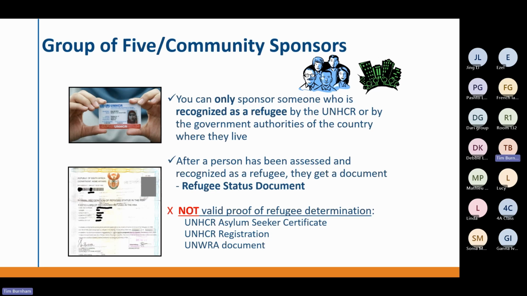These are a few more important points about groups of fives and community sponsors. You can only sponsor someone who is recognized as a refugee by the United Nations or by the government where they live.